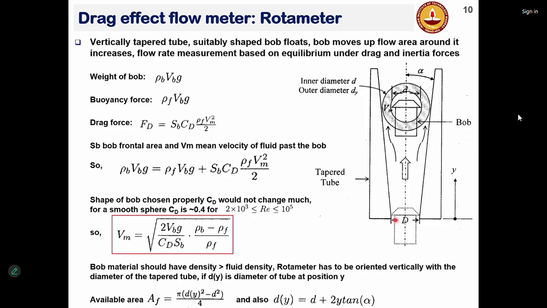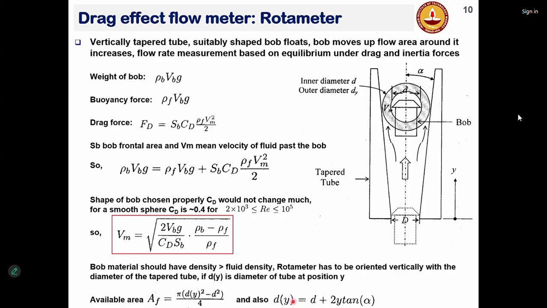And this should be the diameter of the bob here. The pipe diameter, capital D, is fine here, but the bob diameter here should be small d. Small d plus 2y into tan alpha. If you take a triangle here, this alpha is the divergence angle. So dy should be d plus 2y tan alpha at any y.